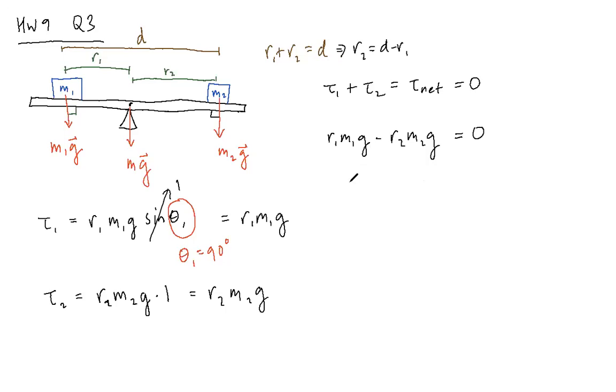Okay, so R2 is D minus R1. So we have R1 m1g is equal to R2 m2g, or R1 m1g is equal to (D minus R1) m2g.